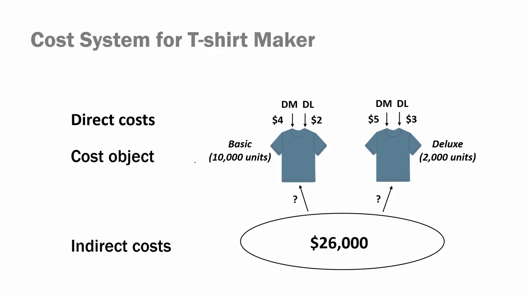Now, how could we do that? Well, one thing we could do is to allocate or assign the exact same amount of overhead to each individual t-shirt. Okay, so the company has the $26,000 of overhead and is making 12,000 t-shirts.